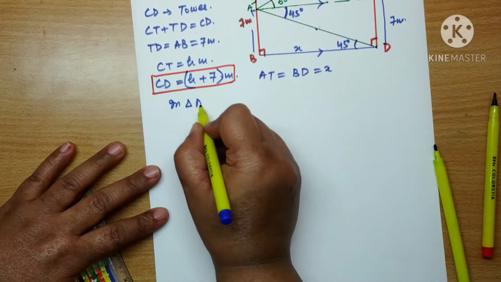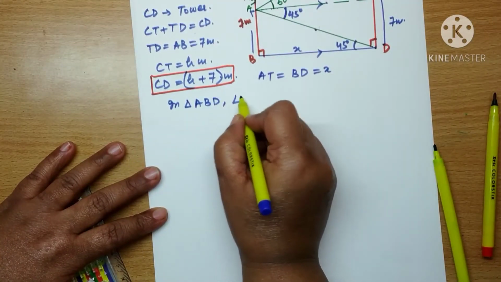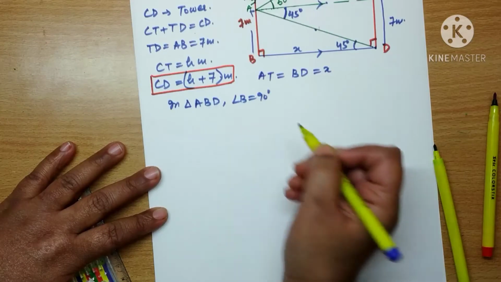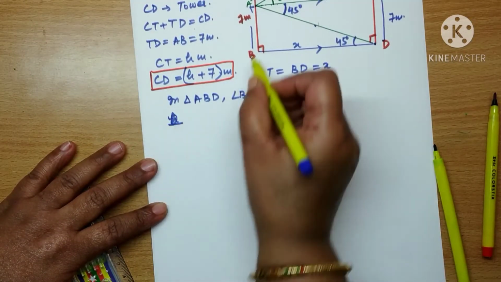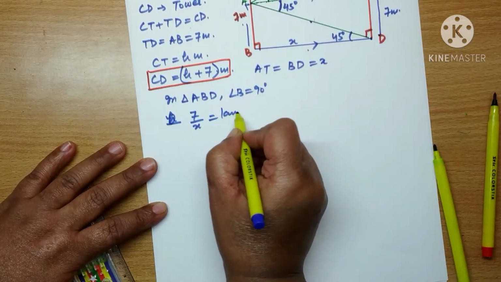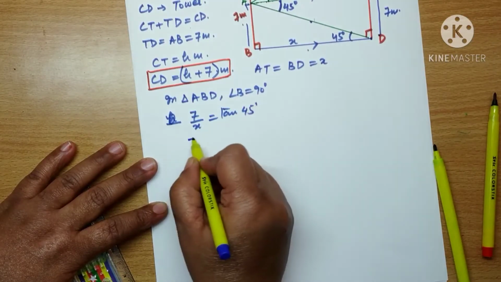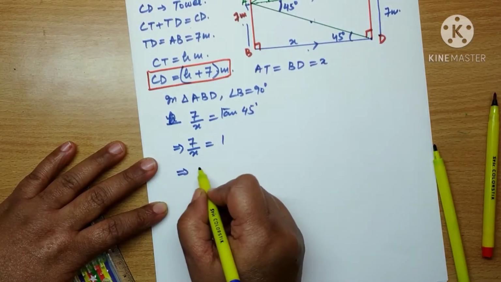We don't have to justify this. You can simply take it. In triangle ABD, angle B is 90. Right? So we have perpendicular by base, 7 upon X is my tangent 45. Tangent 45 we know is 1. So I get X as 7.